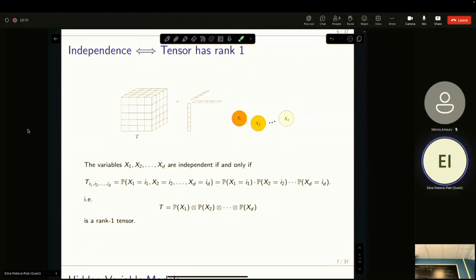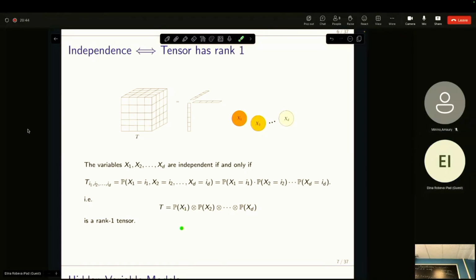So here we go. They're independent if and only if the joint distribution factors as the probability that x1 is I1 times the probability that x2 is I2, up through xd is Id. If you remember the definition of a rank 1 tensor, it was exactly that each entry is the product of the entries of the vectors that it's the rank 1 tensor of. Here, these factors are vectors. These are the marginal distributions of the x's.